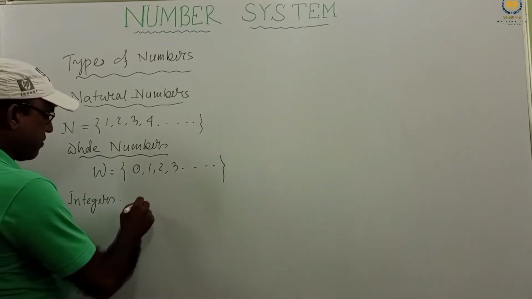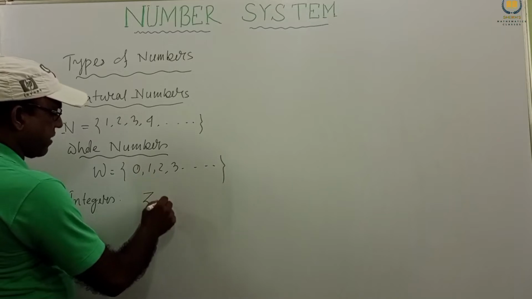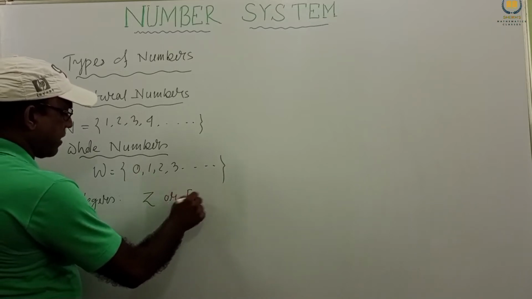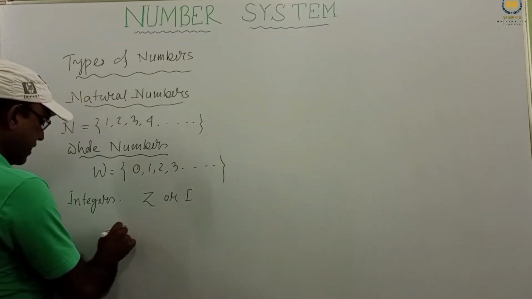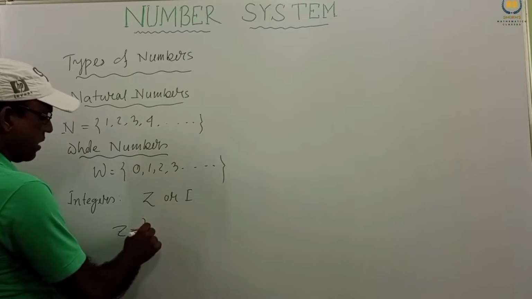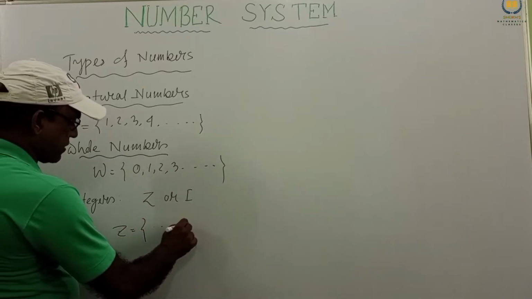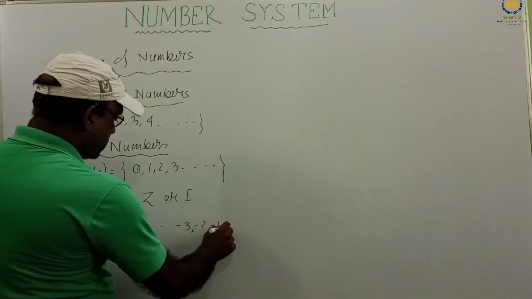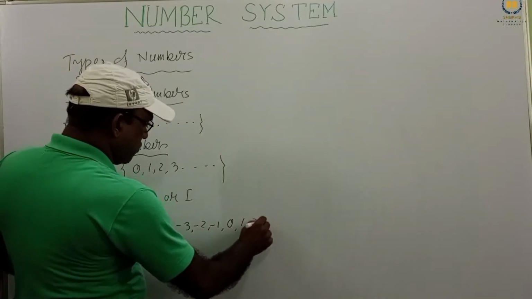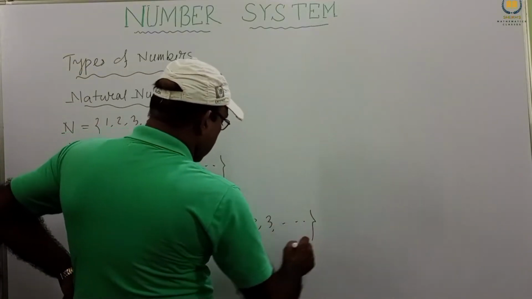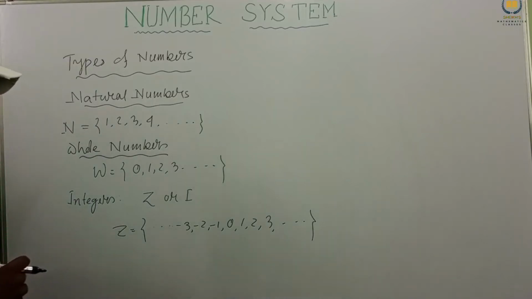The symbol we sometimes use is Z or I. So Z equals ..., -3, -2, -1, 0, 1, 2, 3, ... These are called integers.